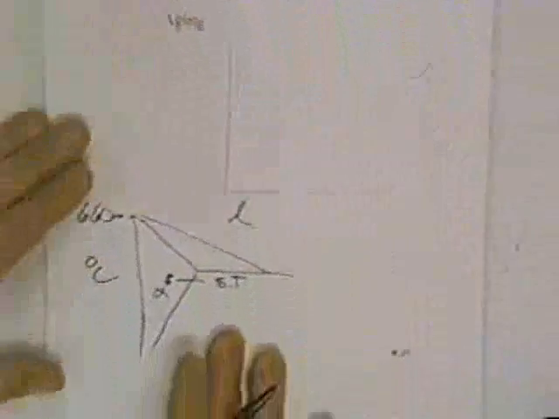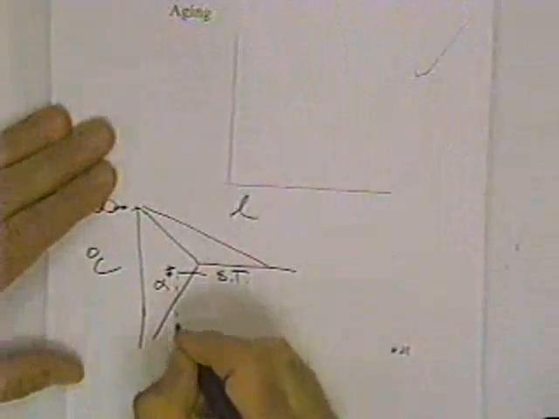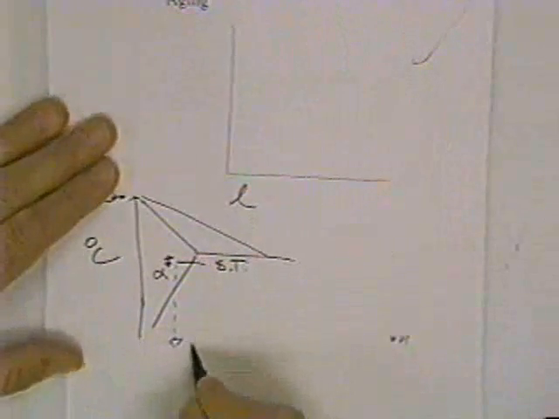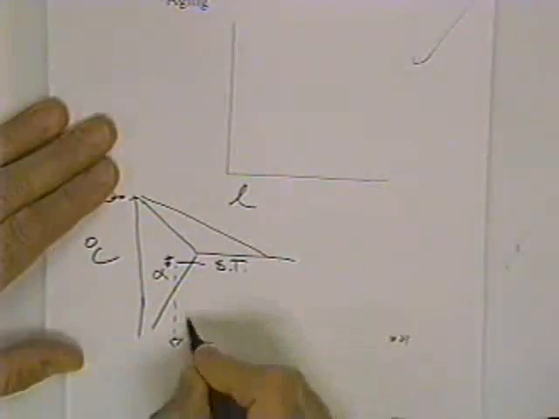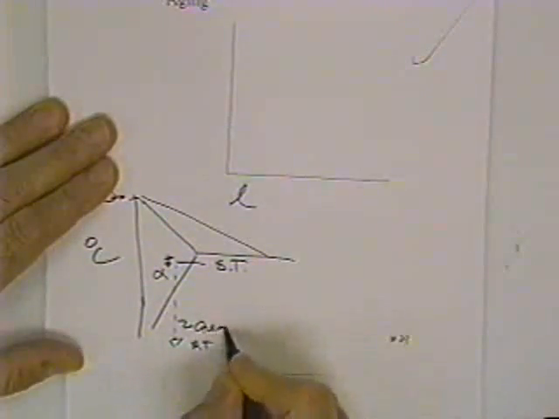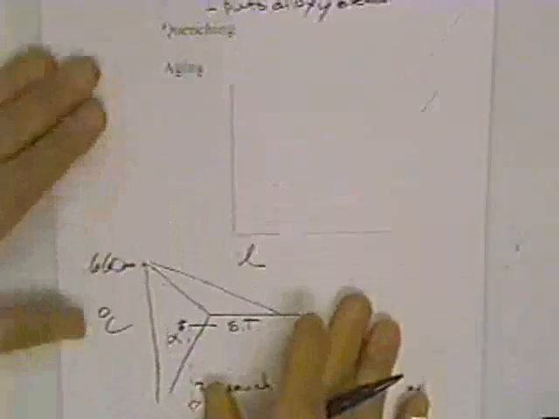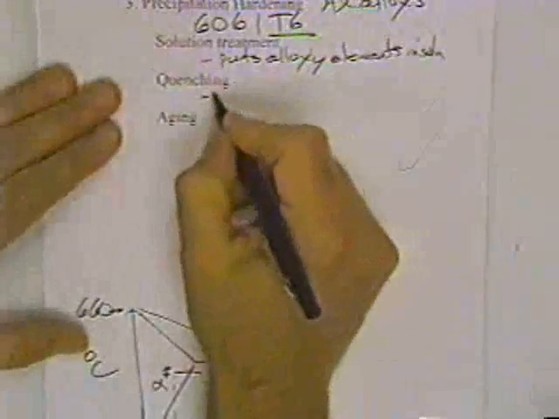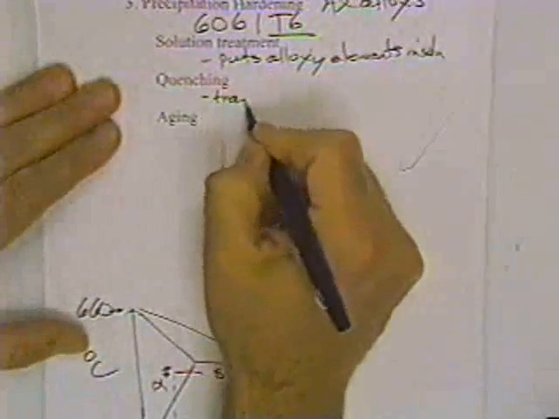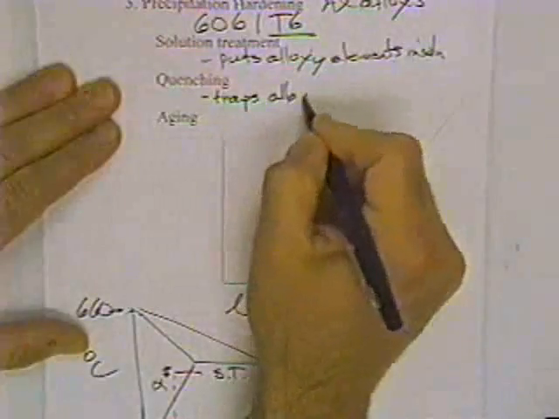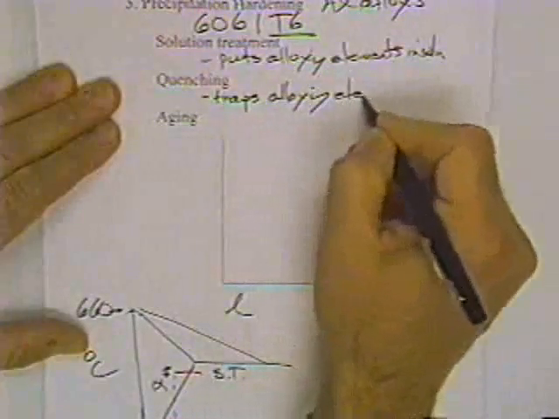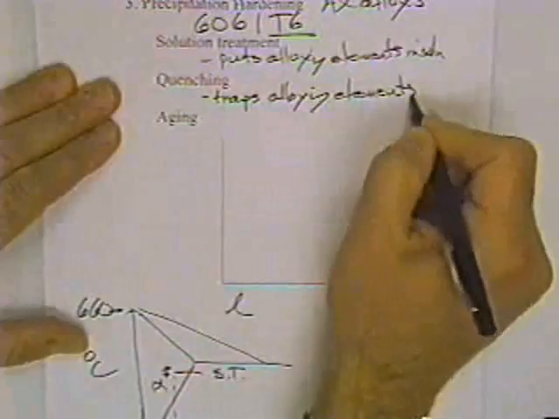Now this is a real interesting step, and because the results are quite different than what happens with martensite and steel. We quench. This traps alloying elements. And there's no eutectoid transformation.